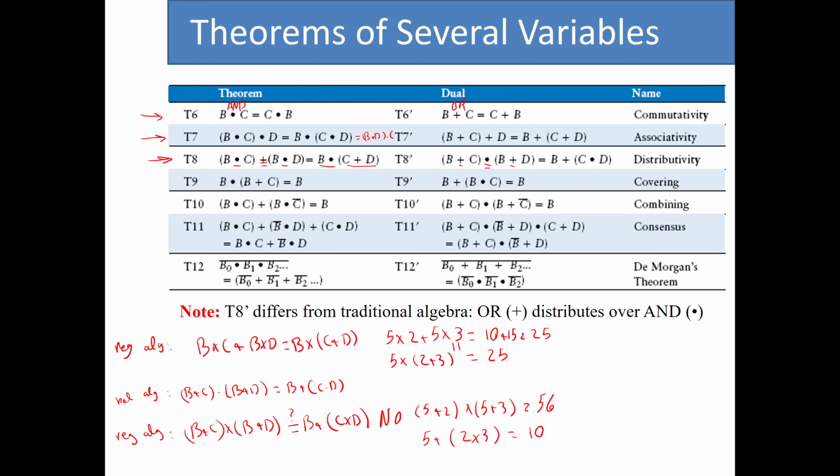This is 10. And you can clearly see that these are not equal. So that is another difference between Boolean algebra and regular algebra: the dual of T8, or T8 prime, is only true for Boolean algebra, and it is not true for regular algebra.